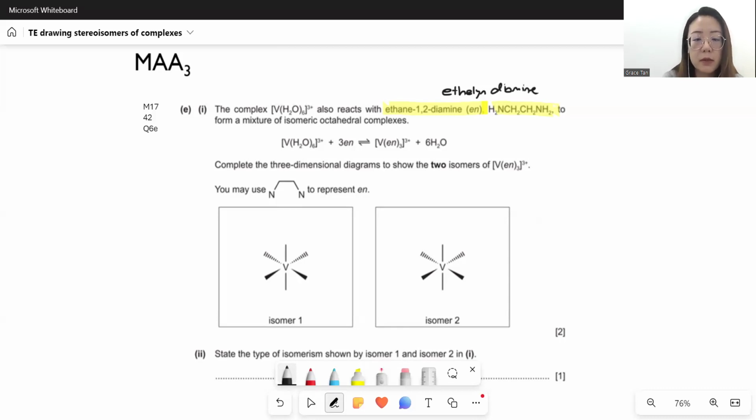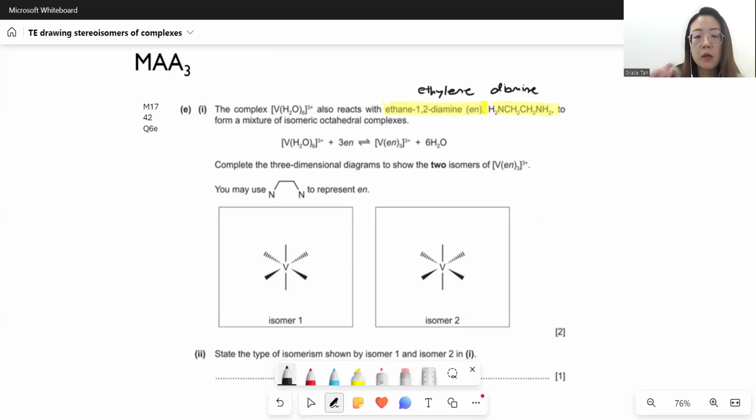Ethyl, without the E. I'll normally use ethylene diamine instead of ethane 1,2-diamine. It's faster. It's the olden way of naming the compound, but it's the same thing. Please know the formula of your ethane 1,2-diamine, also known as ethylene diamine.